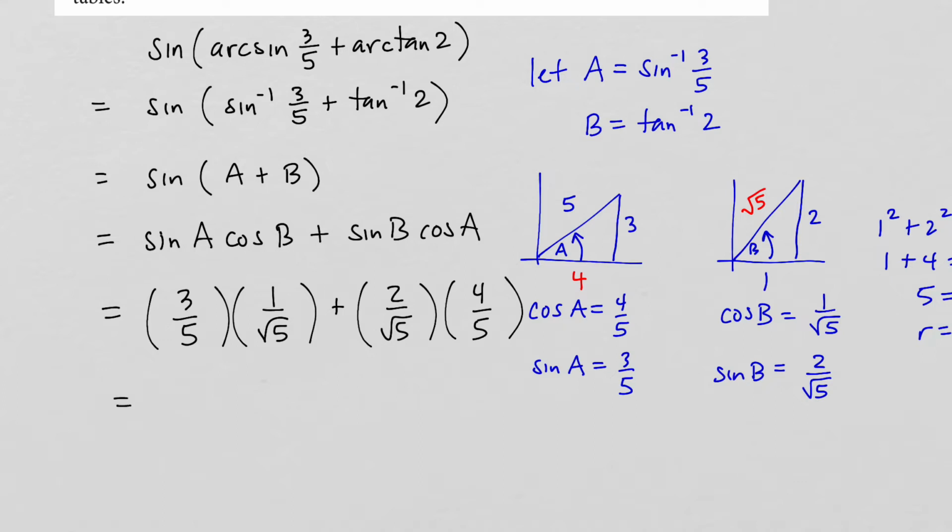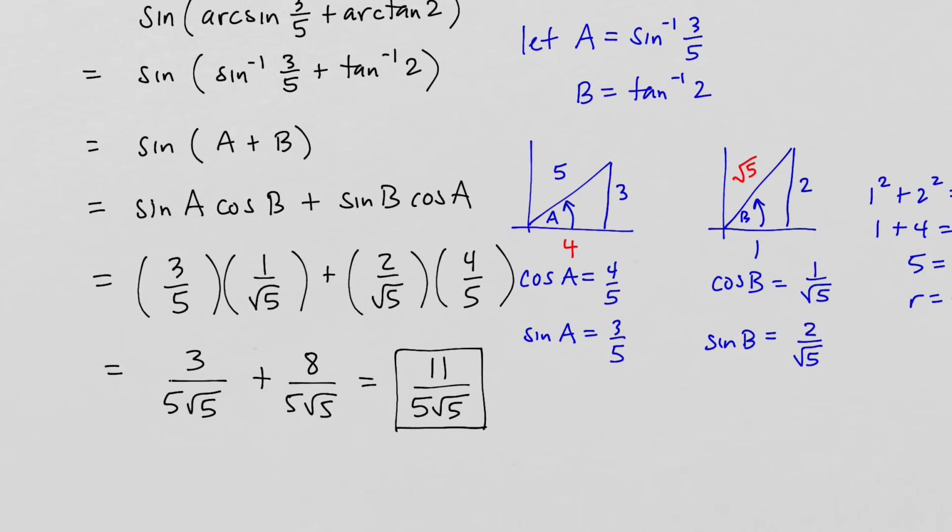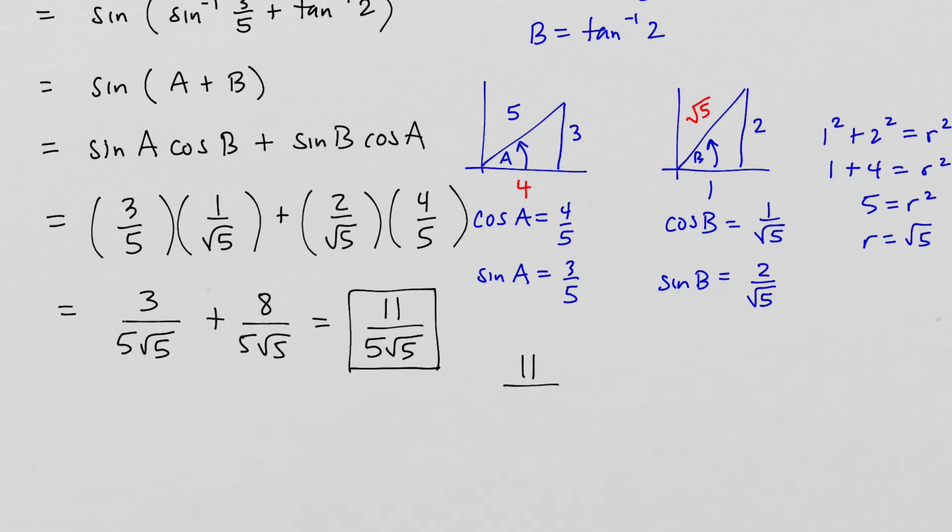If we multiply these fractions straight across, we get 3 times 1 is 3 over 5 radical 5, plus 2 times 4 is 8 over 5 radical 5, and this is 11 over 5 radical 5. And this is our answer. Of course, you can decide to multiply the top and bottom of this fraction by radical 5 if you want.